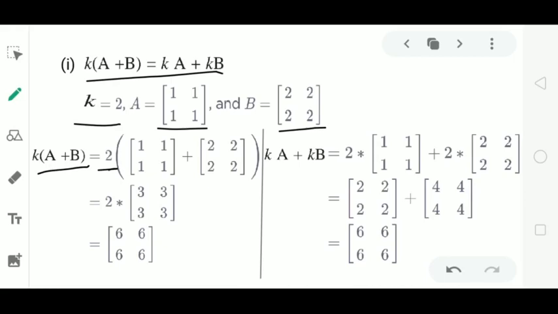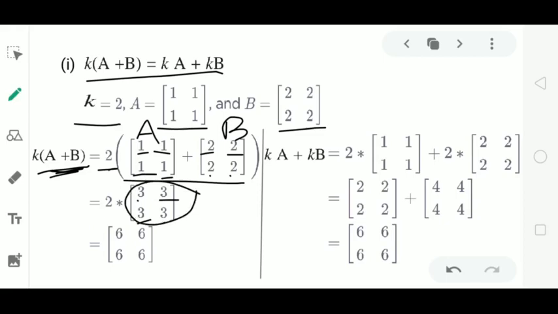into A plus B. Since A plus B is inside the bracket, we first add these two matrices. 1 plus 2 is 3, 1 plus 2 is 3, 1 plus 2 is 3, 1 plus 2 is 3. So this is A plus B. Here we have 2 into this matrix.